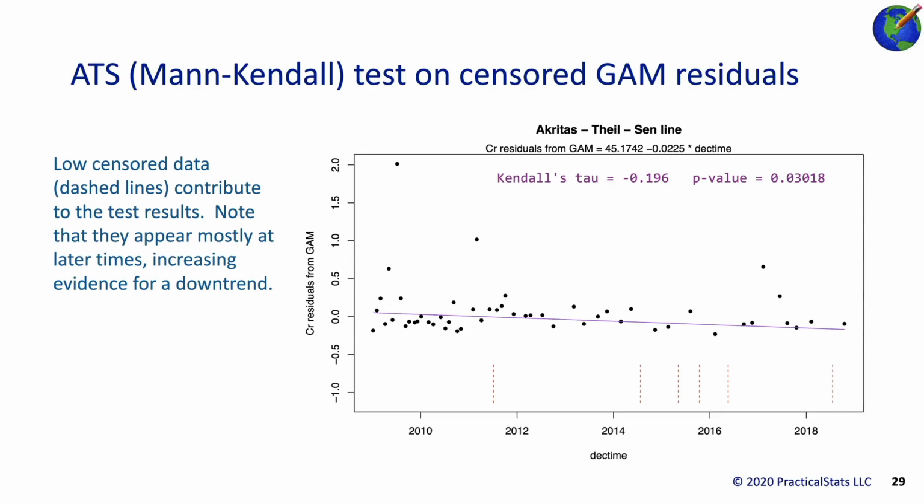And we have an equation for the residuals, which is a valid slope, the minus 0.0225 for decimal time. It's a valid slope for the change over time once you adjust for those other variables. And the p-value is 0.03, so we have a significant, in this case, downtrend.